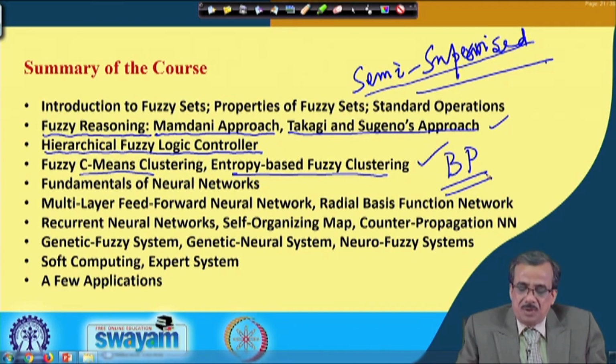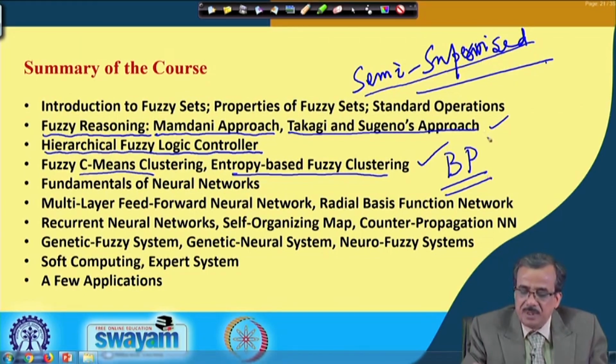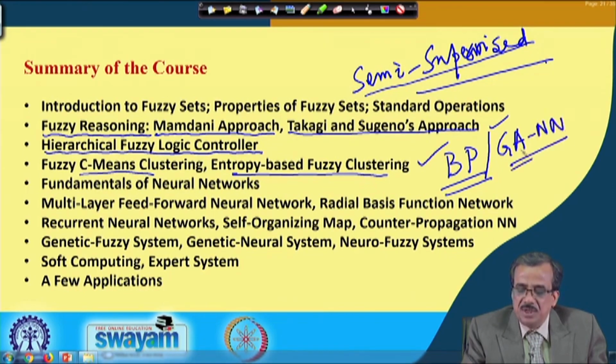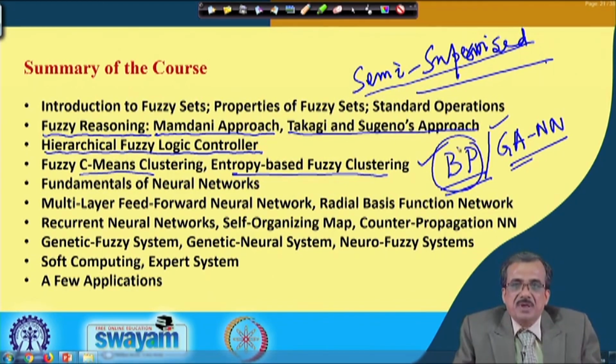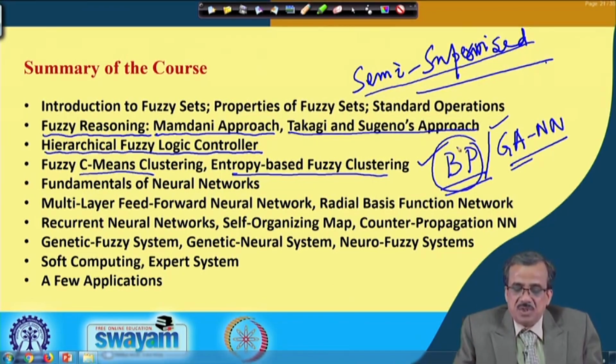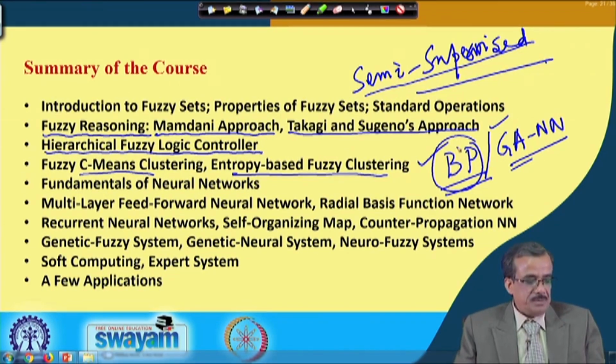We have also designed and developed the GA neural network, where we could replace back propagation by the genetic algorithm, and develop a combined genetic algorithm and neural network, just to remove the demerits of the back propagation algorithm.